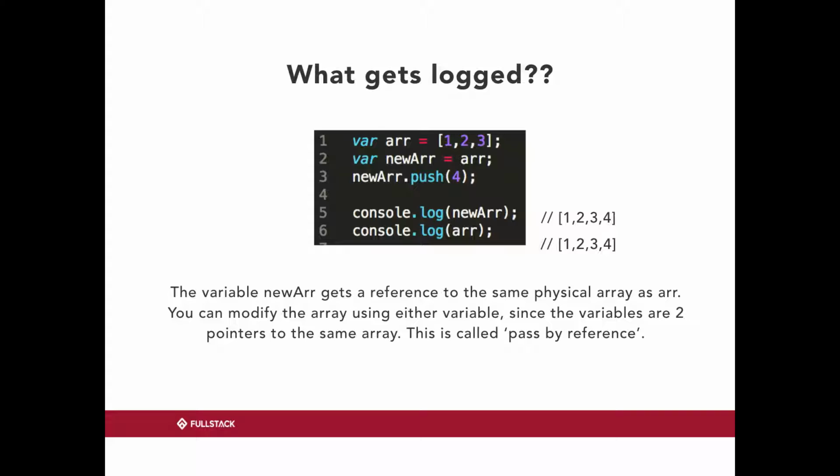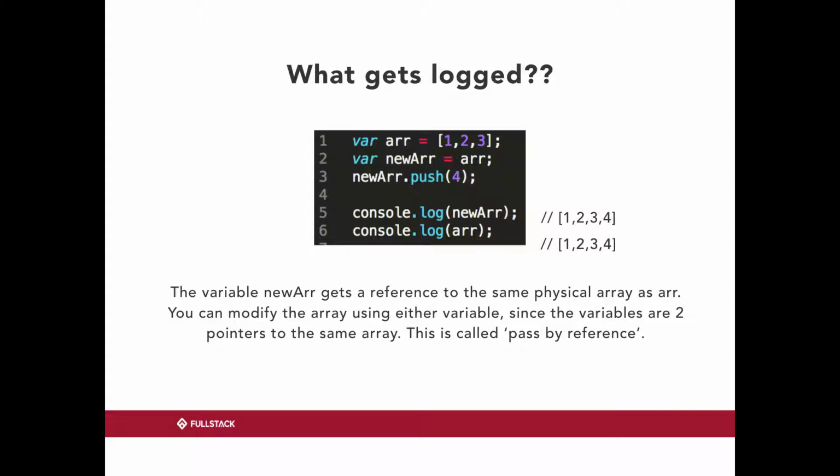Line 2, I have a new variable that says newArr equals arr. What is arr right now? Is it an object or a non-object? It's an object, right? Because it's basically pointing to an array. So everything else would pass by value, but it's an object, so we're doing pass by reference.